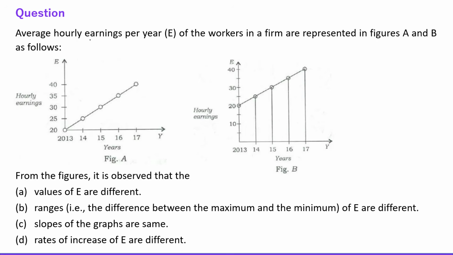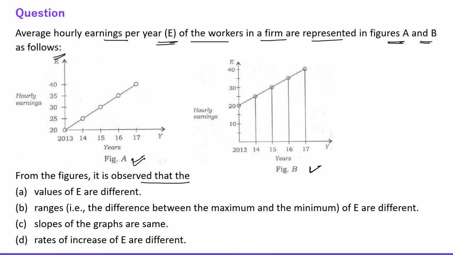Next question: average hourly earnings per year E of the worker in the firm are represented in figures A and B as follows. This is A and this is B. From the figures, it is observed that the values of E are different.